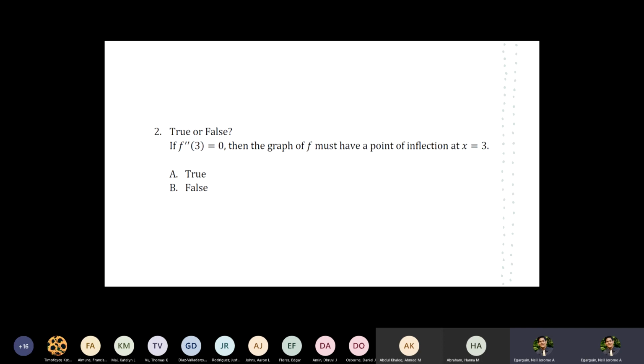Hopefully you guys can see it. 15 seconds for problem number 2.